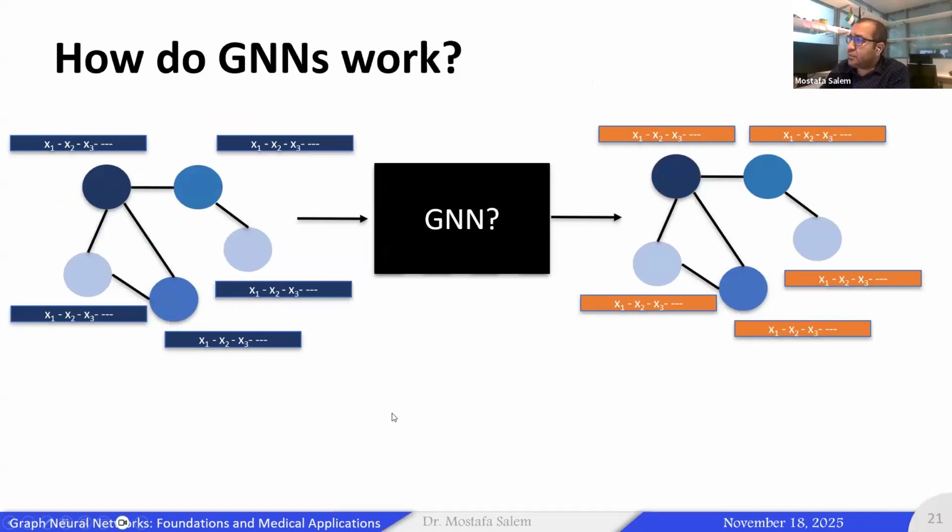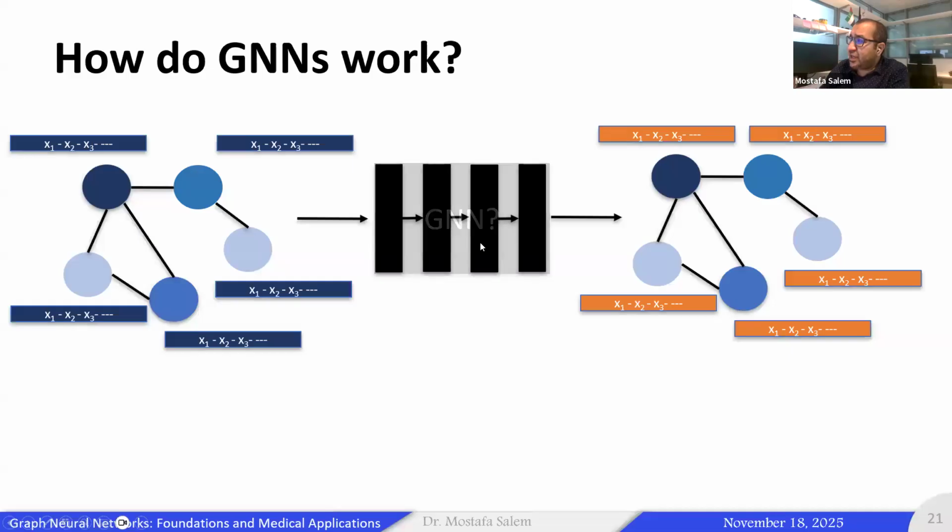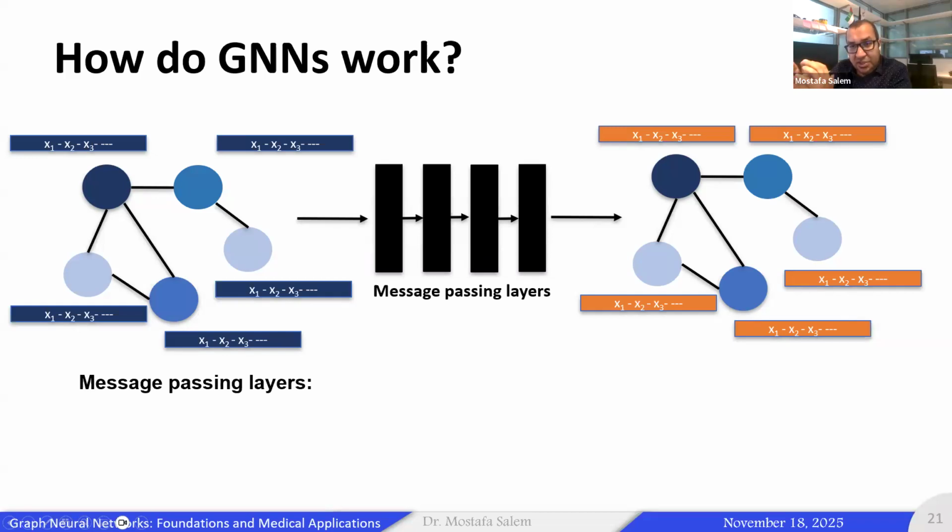So how do GNNs work? Inside a graph neural network, there are many of what's called message passing layers. I will explain message passing layers in more detail in the next couple of slides.